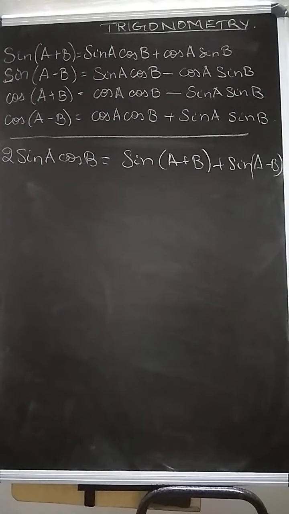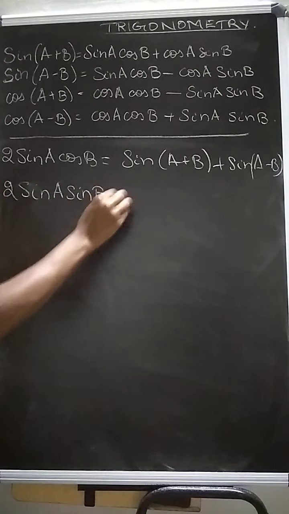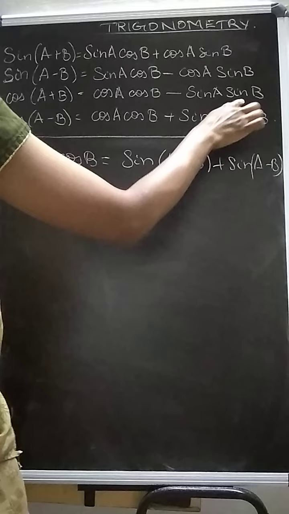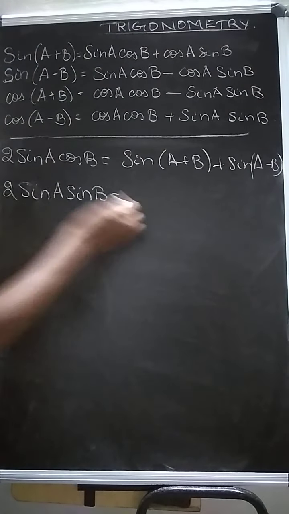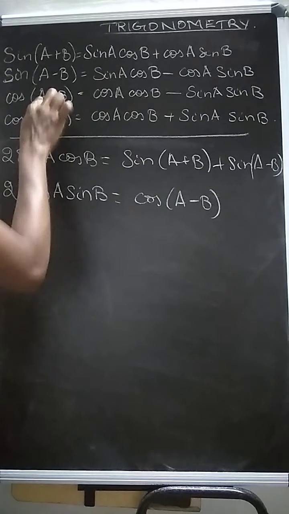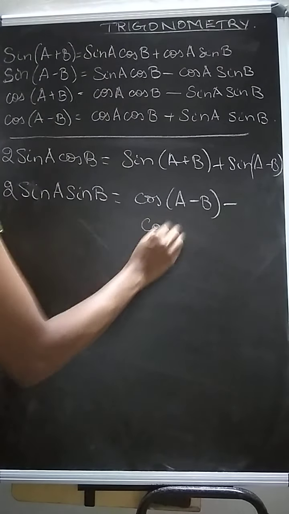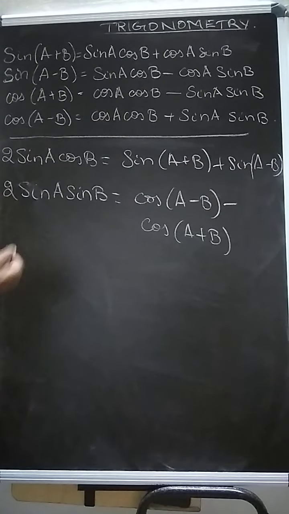Now see, I want 2 sin a sin b. So where is it? Here it is. Minus sin a sin b and minus. So I am going to cancel this and I am going to deal with this alone. So what will be my formula? Cos(a minus b) minus cos(a plus b). Similarly, you can write anything.